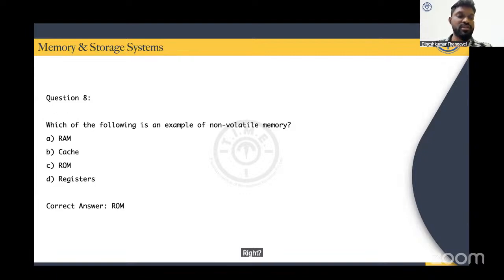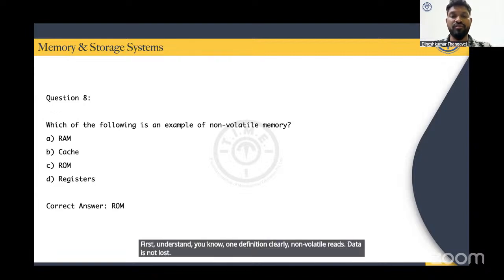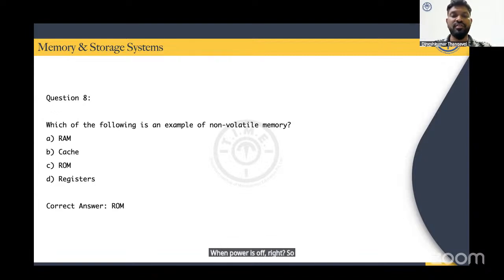RAM, cache, ROM, and register. And the answer is ROM. It is a highly repeated area. First, understand one definition clearly. Non-volatile means data is not lost when power is off, right? So ask yourself, if the power is gone, is the data still there?